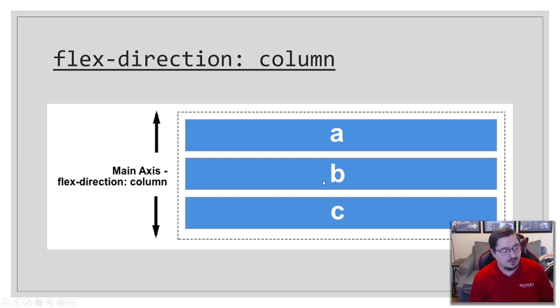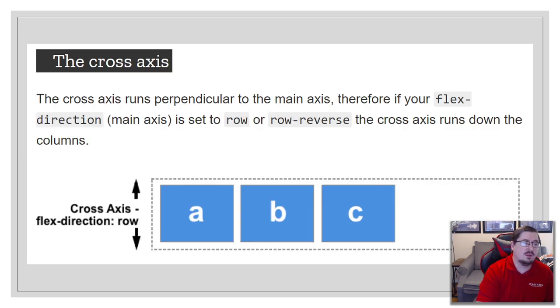So by default, elements in a Flexbox are stretched to the size of the cross axis. That's a common gotcha. That's usually the first thing you see once you switch something over to Flexbox. You'll immediately see behavior like this, where things are being stretched along the cross axis. Sometimes that's what you want, sometimes that's not.